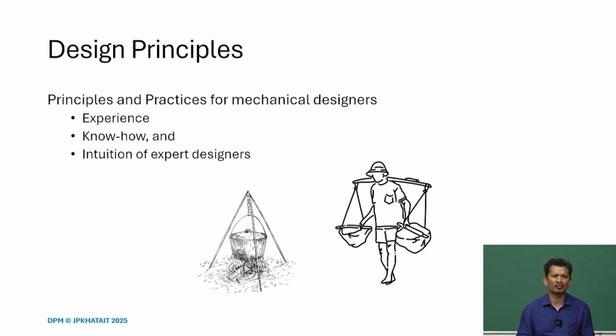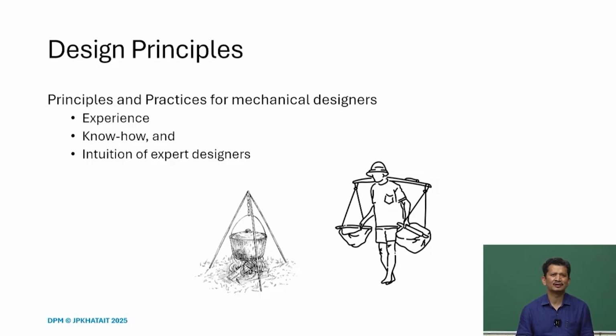So, it comes through experience after working for 10-20 years. They have the know-how, sometimes it belongs to the firms, to the companies where we are working, and the intuition of the expert designers.